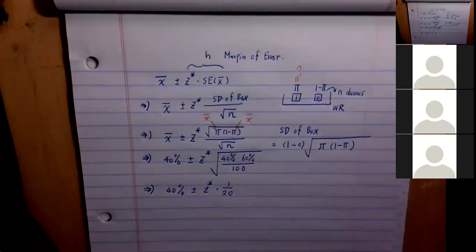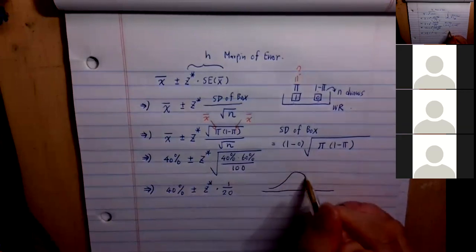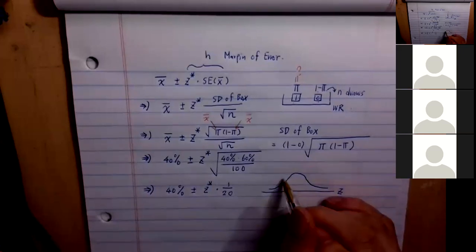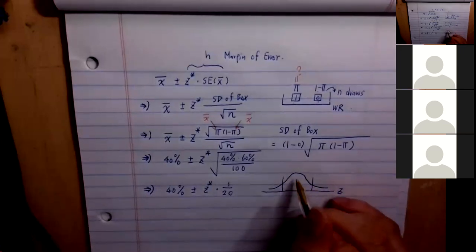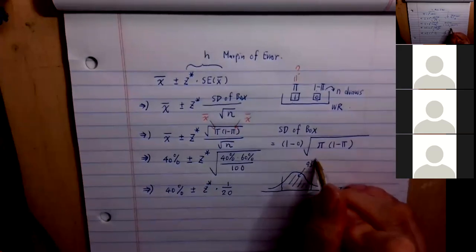So in this case, the only job left undone is that we need to find z star from the standard normal table. Go back and read the YouTube video, okay? If this is z, I want to construct a 95% confidence interval, the middle 95%.